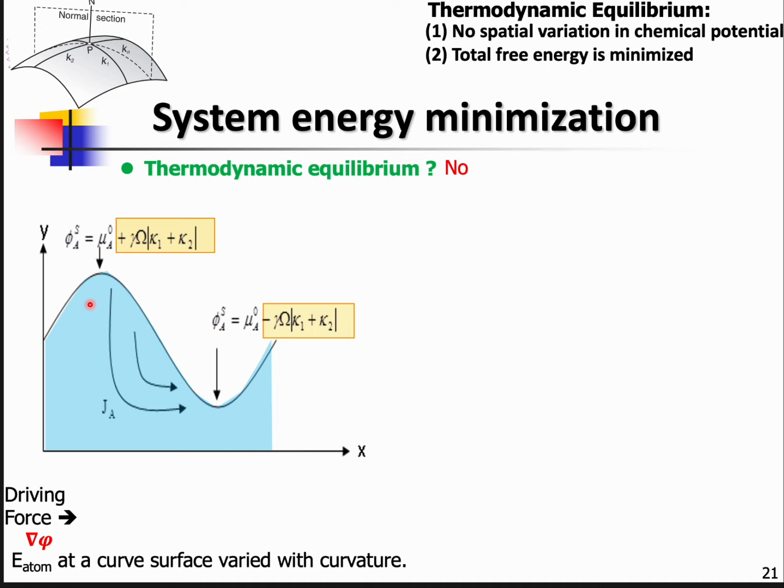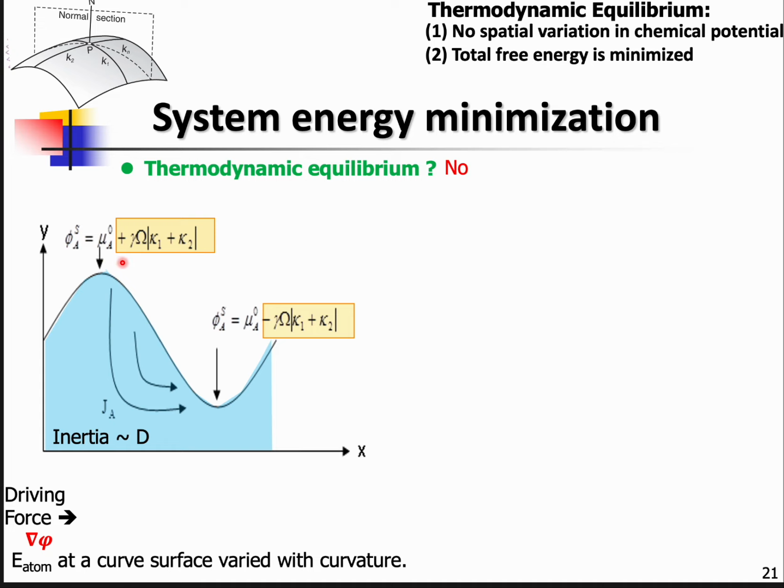As you know, the system tends to decrease its total free energy, so the atom will definitely be pushed toward the concave region. So the driving force here is the surface potential gradient, and the inertia of the system will involve what?